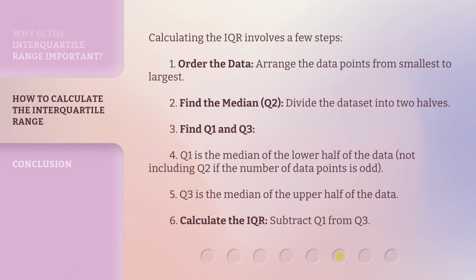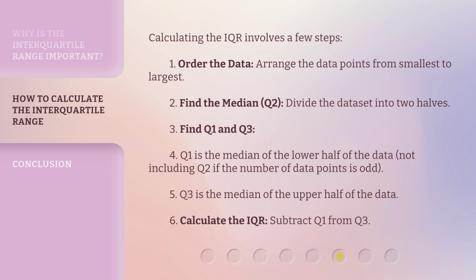Calculating the IQR involves a few steps. 1. Order the data. Arrange the data points from smallest to largest. 2. Find the median, Q2. Divide the dataset into 2 halves. 3. Find Q1 and Q3. 4. Q1 is the median of the lower half of the data, not including Q2 if the number of data points is odd. 5.